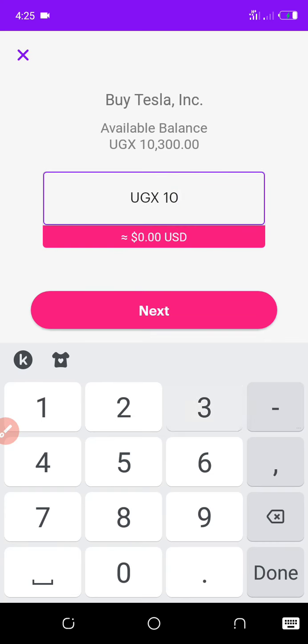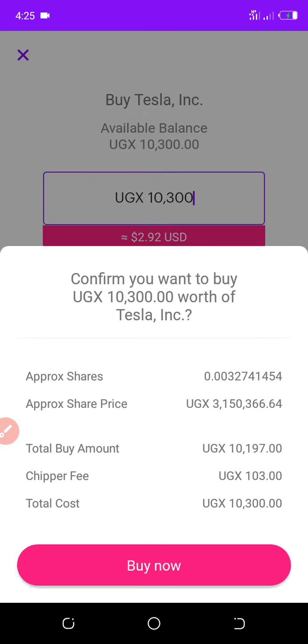1,000. This is the amount I have. So I'm using $2.92 to buy this Tesla stock. So I have invested $2. As you can see, they're saying approximate shares 0.003274144. Approximate share price 3,150,000.